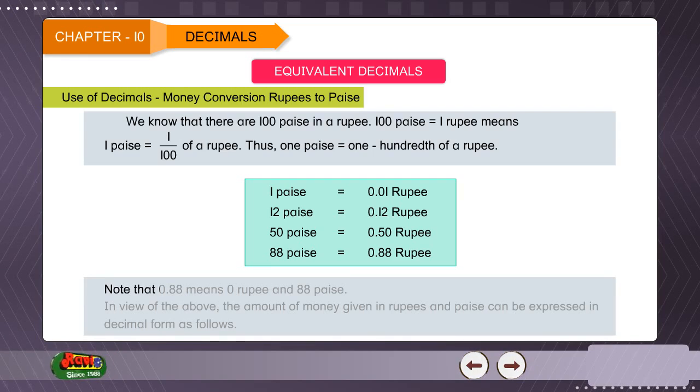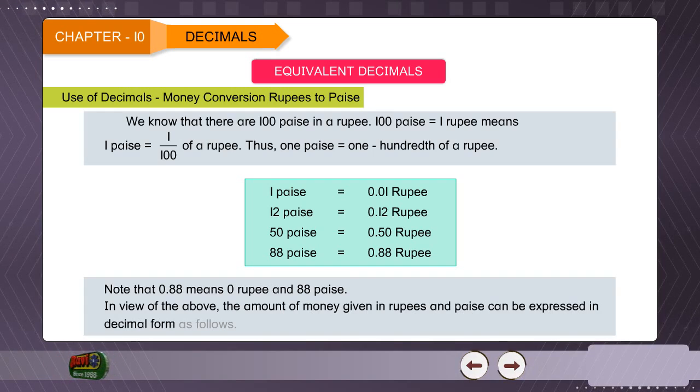Note that 0.88 means 0 rupee and 88 paise. In view of the above, the amount of money given in rupees and paise can be expressed in decimal form as follows.